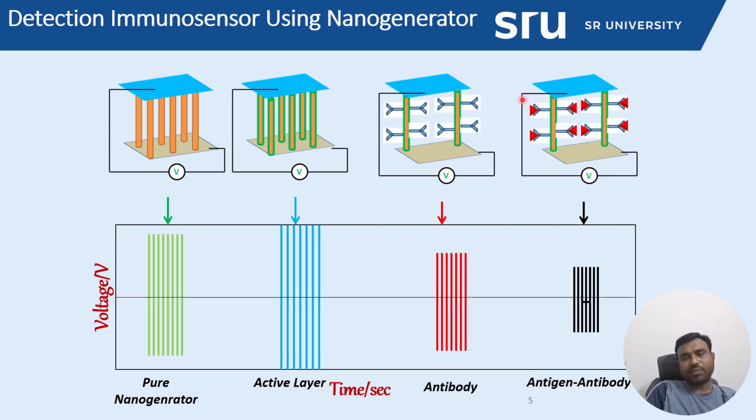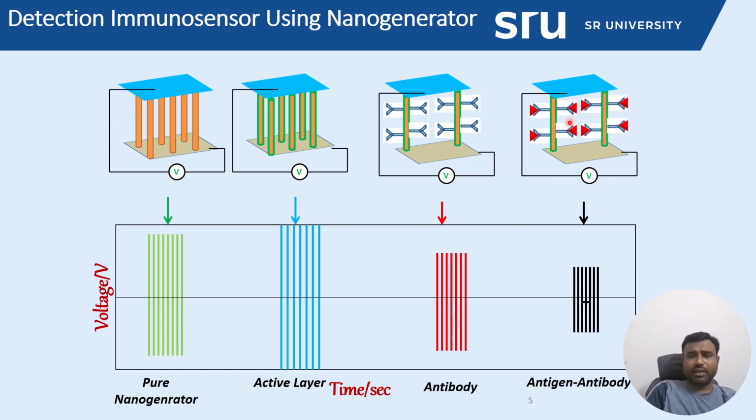Here the specific antigen is allowed to interact with the fabricated device. The antigen attaches like a lock and key, perfectly bound over the antibody. What will happen further? It reduces the conductivity of the active layer coated TiO2.